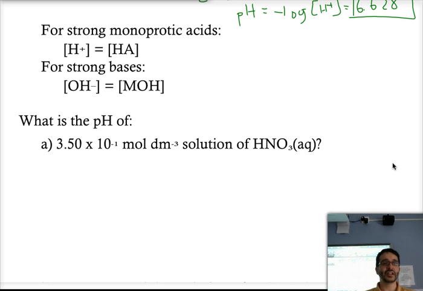And for a strong base, the concentration of the hydroxide ion will be equal to the concentration of the base, as long as the base only is releasing one OH. If the base releases more than one OH, then you have to multiply the concentration by the number of hydroxide ions that the base is releasing into the solution.